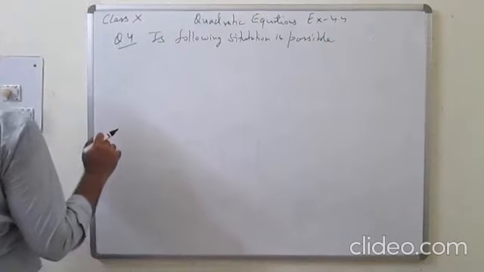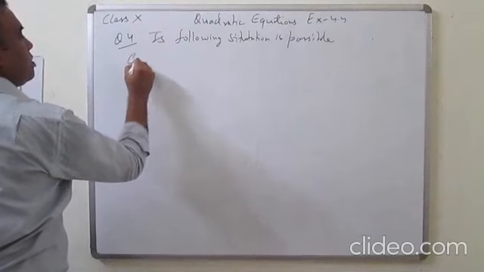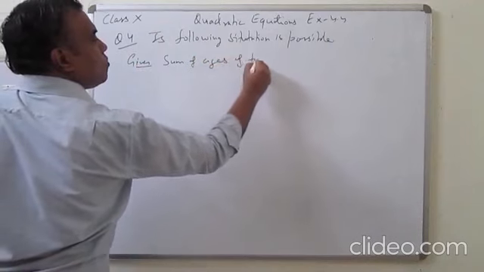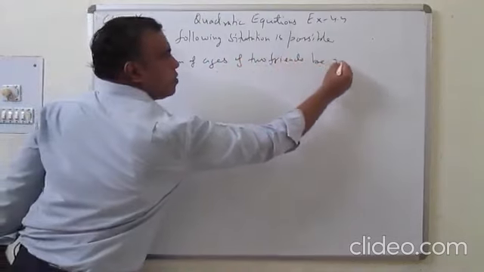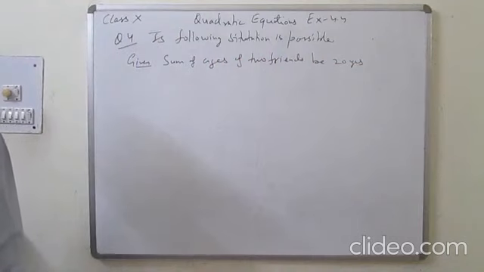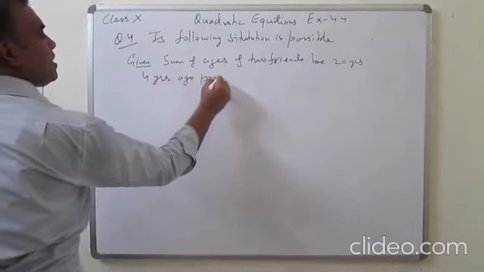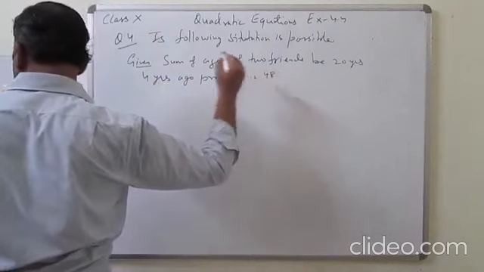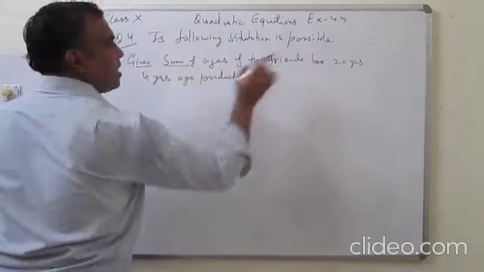The sum of ages of two friends is 20 years. 4 years ago, the product of their ages was 48.